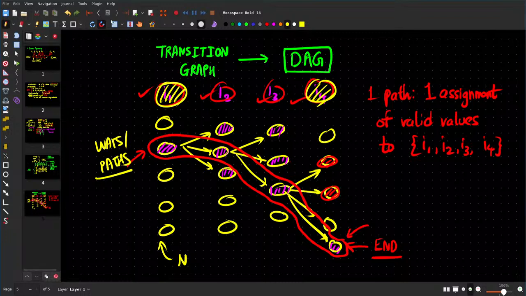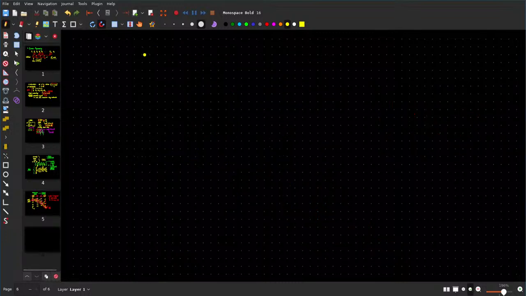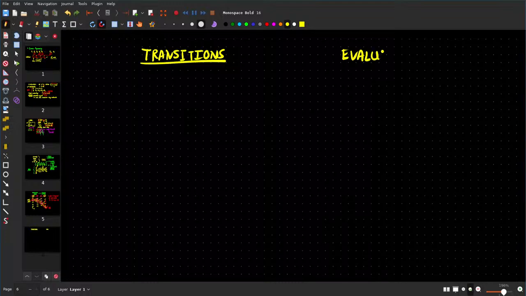But you don't explicitly create this graph, this will be taken care of by the transitions. And from these transitions I will also explain what we are actually evaluating and how the recurrence function will look.